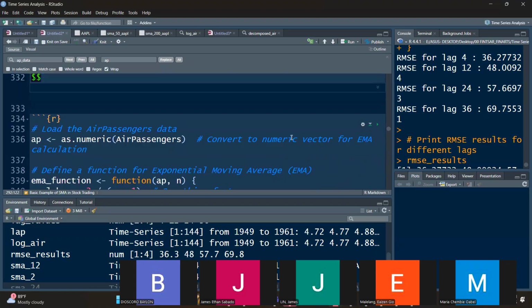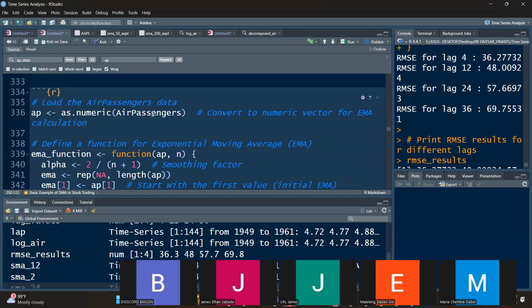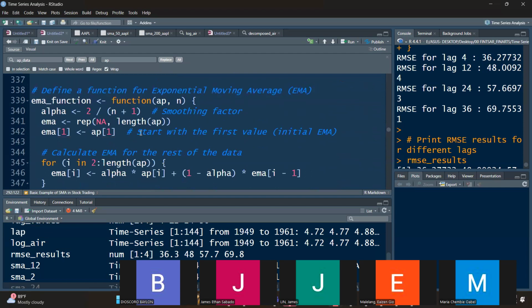So this one we ran last time. Again, we're using AirPassengers, AP, and then we're converting AP to a numeric. Then we have this function here. We make use of AP and N. This is the formula for your EMA.